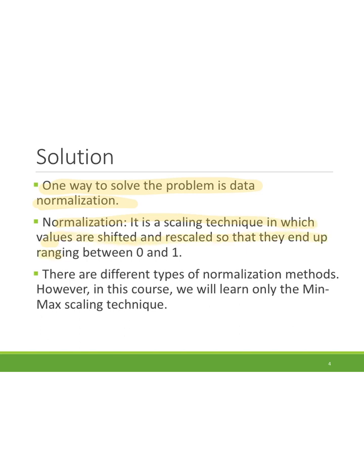We're going to use this technique to convert all the values under each column and rescale them between 0 and 1. There are different types of normalization methods available. However, in this course, we're going to focus on only one, the min-max scaling technique.